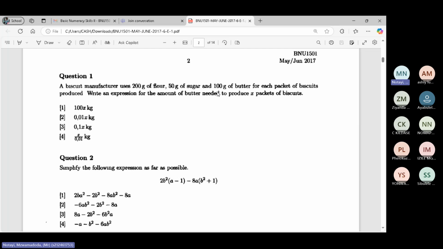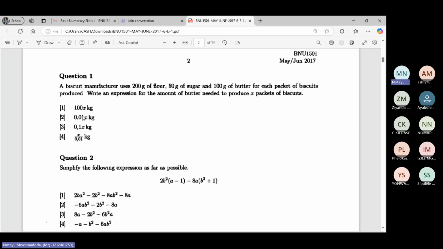We have 100 grams. Convert 100 grams to kilograms, so we have 100 divided by 1000, because we're converting to kilo. So we get 0,1. Is it 0,1?